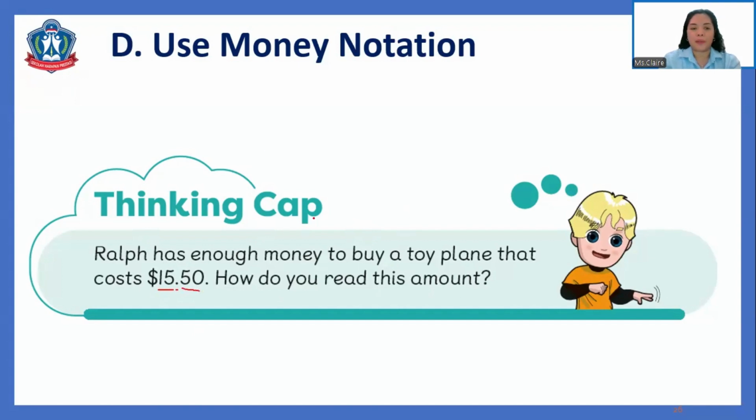To read this money, children, we will read this as $15.50. The dot here, we will read as "and". And don't forget the symbol for dollars. So this is $15.50.